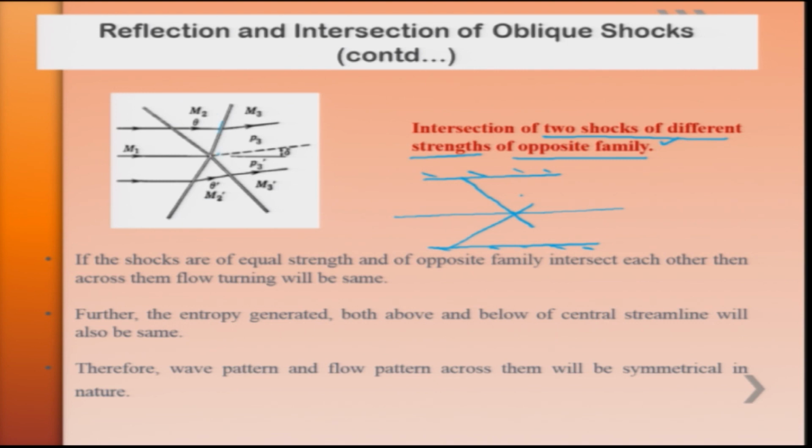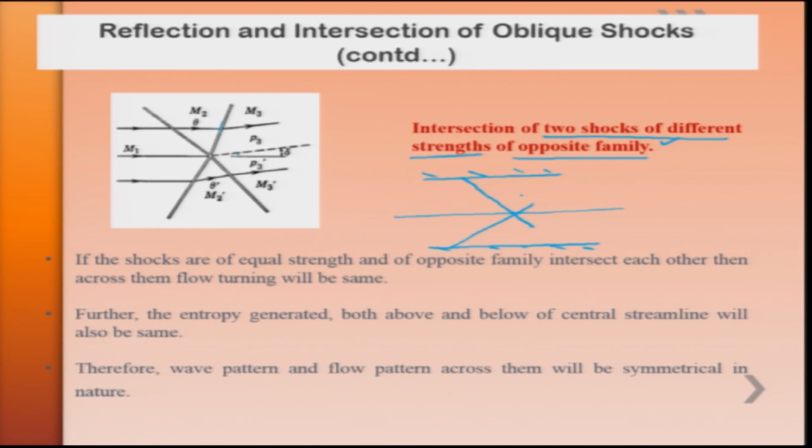In turn, the vorticity in this domain and this domain are also unequal, because the upper layer and lower layer have different velocity and they start having a shearing action, and due to this shearing action, the upper layer vorticity content, that is entropy, and lower layer entropy are different, and hence due to their unequal strength, the pressure on the downstream side is also unequal.